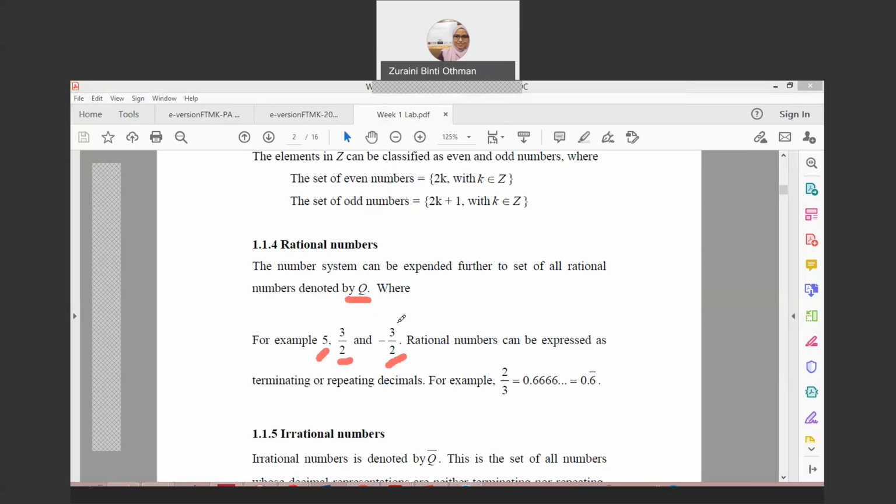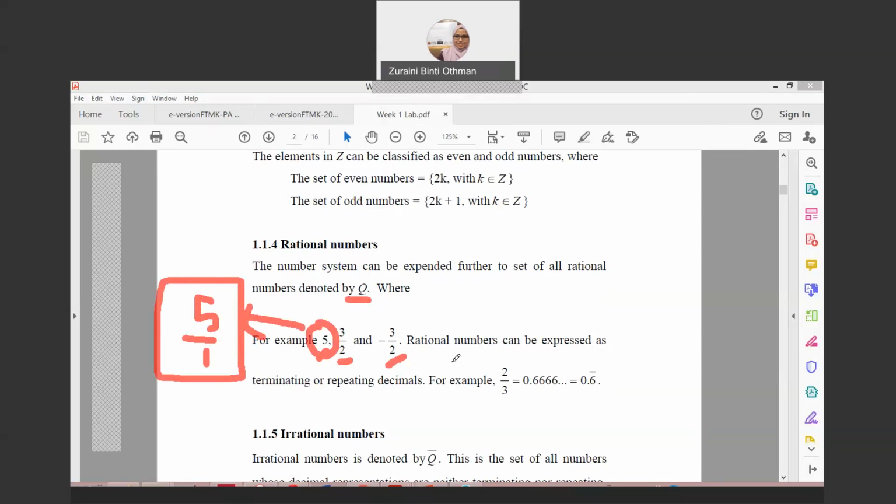Okay, it includes negative numbers and also includes positive numbers, but how does 5 become a rational number? Why is 5 a rational number? Because of what? 5 over 1. 5 over 1 is equal to 5. So 5 over 1 is a rational number.